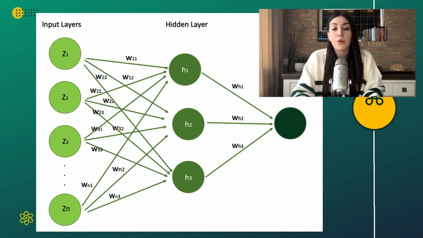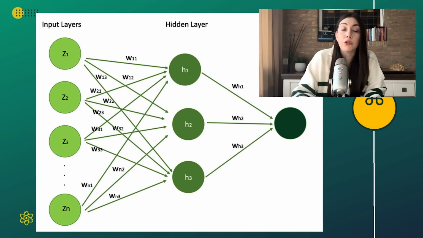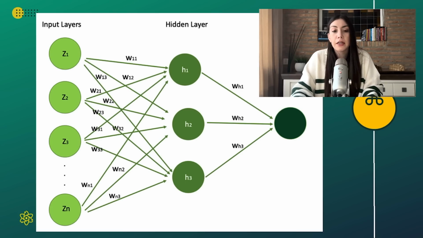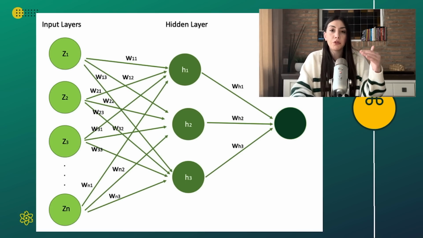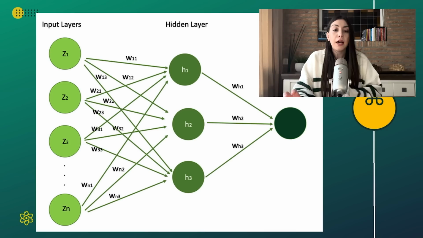You can see that when it comes to the first hidden unit H1, there are 4 different arrows that come to H1. It is W11, W21, W31, and WN1. What this basically means is that we have different input features, and per input feature, we have the corresponding weight that helps us understand how much attention we need to pay to these different input features when we are obtaining H1, our hidden layer's first hidden unit.